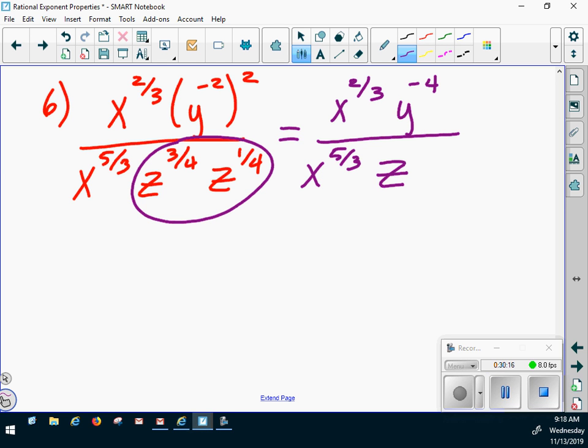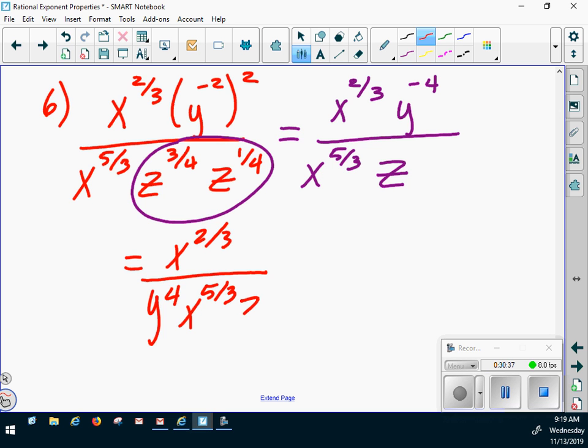Well, that looks a lot better. I'm going to get -4 downstairs, that's for sure. So I'm going to have x to the 2/3 over y to the 4th, x to the 5/3, z.